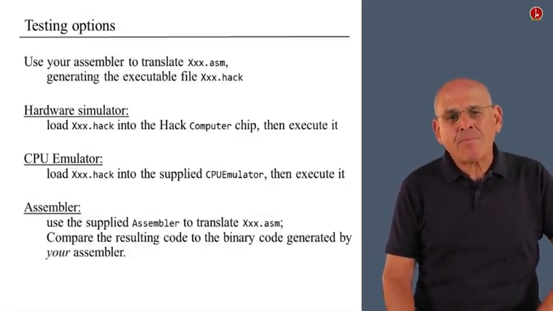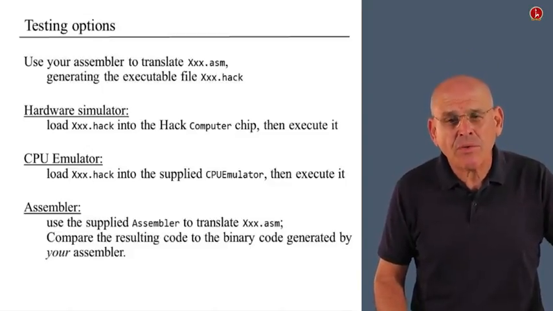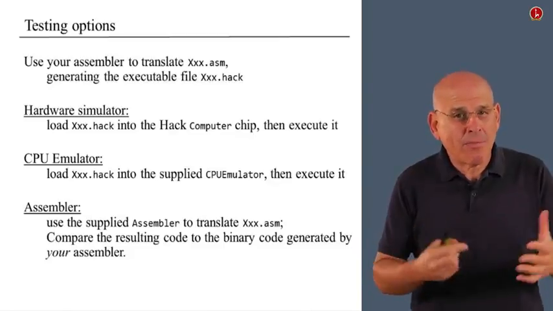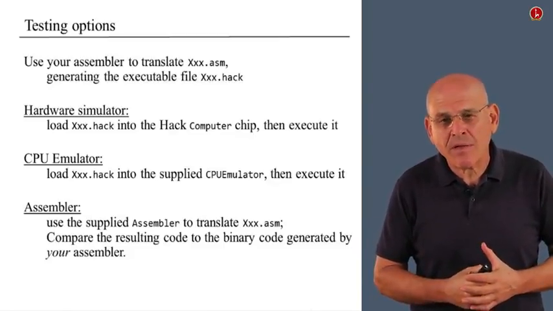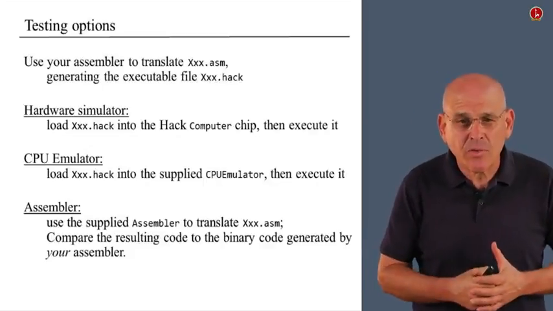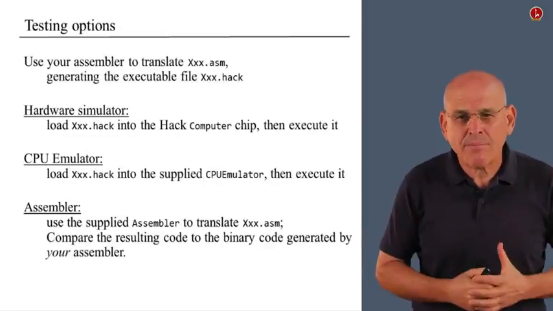And finally, there is the option of choice, what we recommend that you actually do. We provide a working assembler, which is available to you on your personal computer if you've downloaded our software suite. Our assembler is called assembler, quite simply.